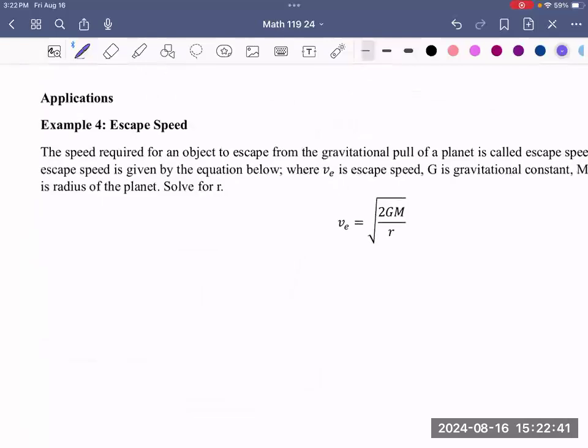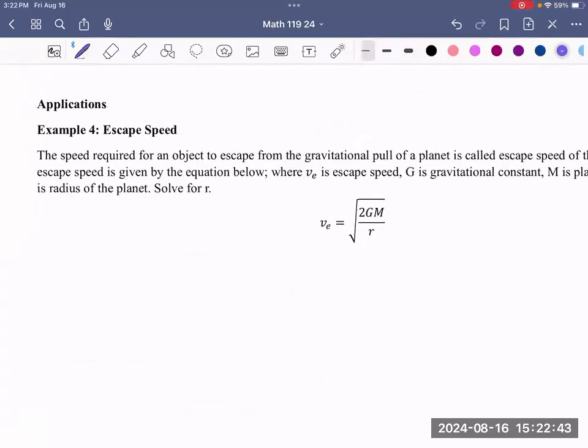All right, let's take a look at applications.